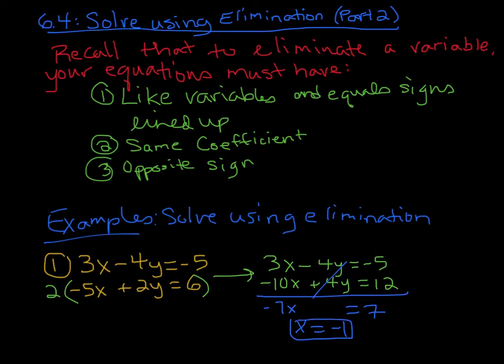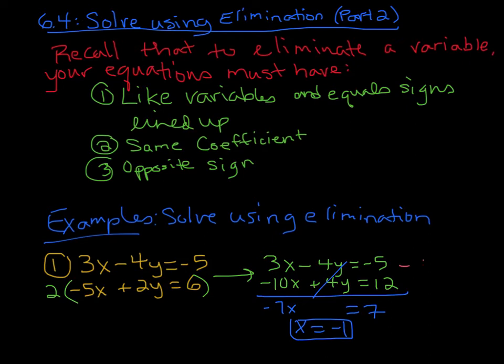The next thing that you need to do on this problem, same as what you were doing in the previous chapter, is take your negative 1 and substitute it back into any of the original equations. I actually don't care which original equation you do. I really like the second equation before I changed it.